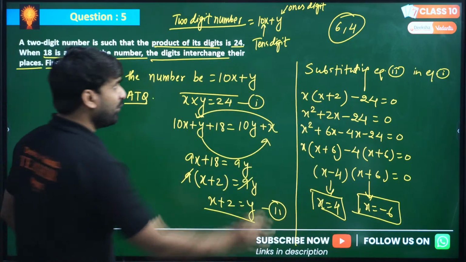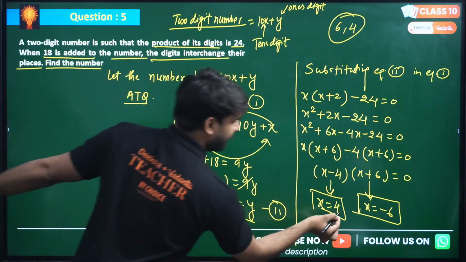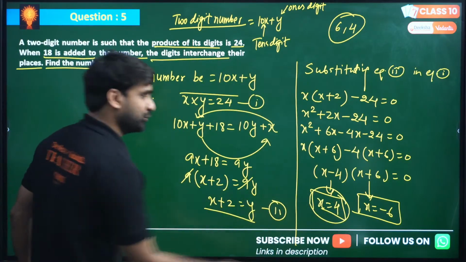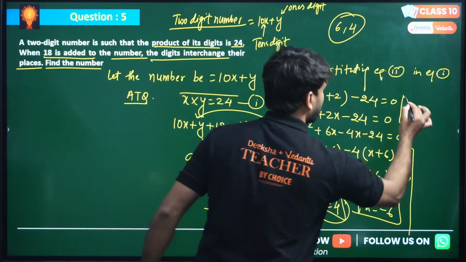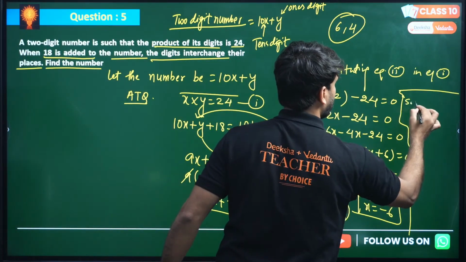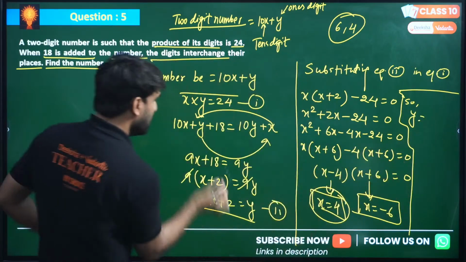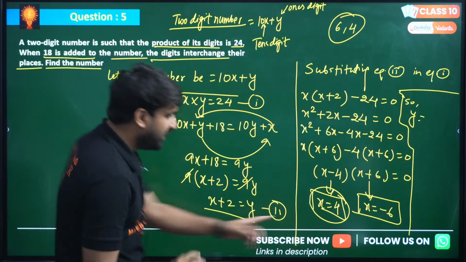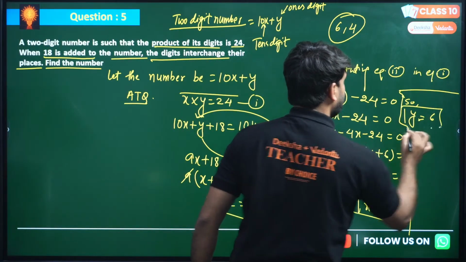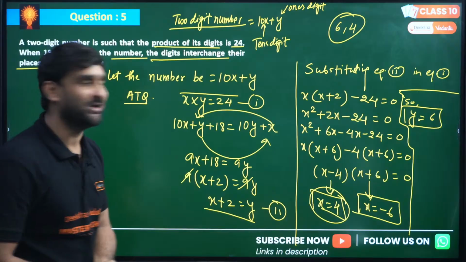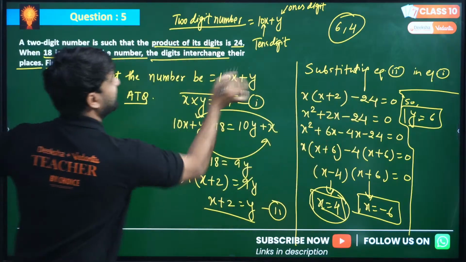But we have to find the number. Once you get x, you can find y. Look, the product of both the digits is 24. If one digit is 4, then y will be 6. Y will be 6, and you have x and y, so you can find the 2-digit number because the general form of a 2-digit number is 10x plus y.